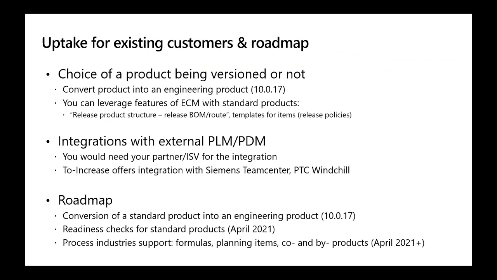So we are actually shipping in 10.0.17 the possibility to convert one of your existing products into an engineering product. Remember that an engineering product will always have versions and be managed through change management. In the case that you want to apply this conversion, then a product will be created, so we will not be able to change it into a product that uses the version dimension.